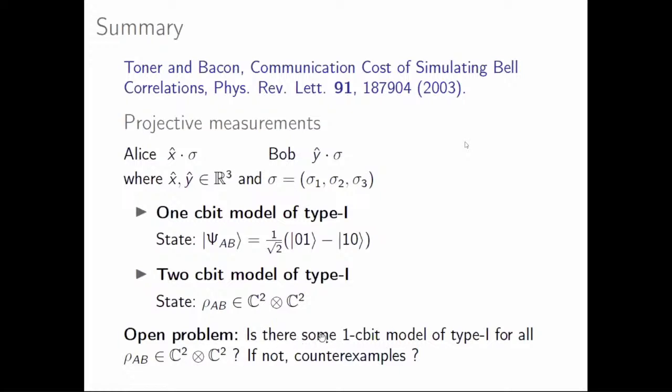Till now, neither could one give an explicit 1 C-bit model, nor could one give a counterexample. The type 2 problem was motivated, among other things, by the wish to see if there are counterexamples to this problem. We will see how.